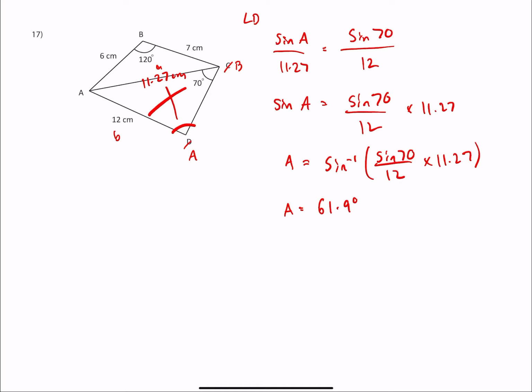I want the angle that is between the two sides, so I need the angle up here. So I'm going to find that by doing 180 minus 70 minus 61.9, which is 48.06 degrees.